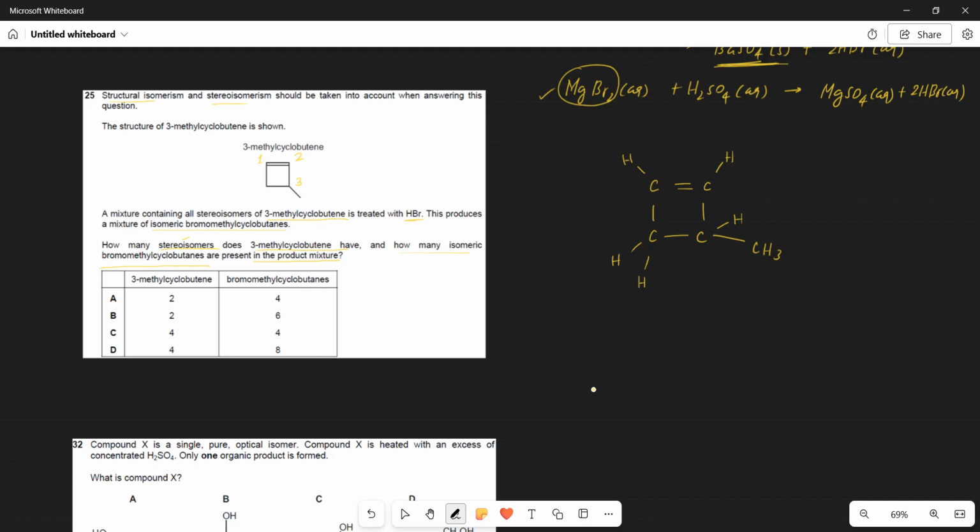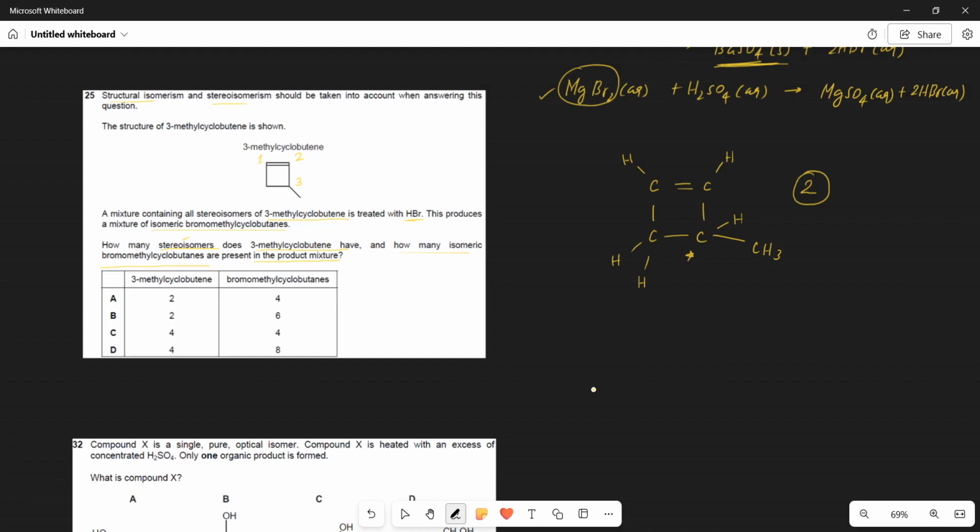This is what we are having. So it is not going to show any cis-trans isomerism. But when I consider this carbon, it is a chiral carbon, so you may have optical isomerism. So it is going to show 2 optical isomers, the object and the mirror image. So there are 2 isomers.